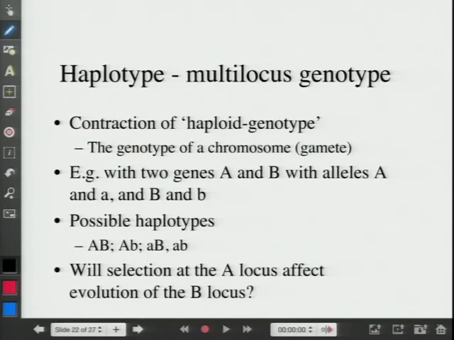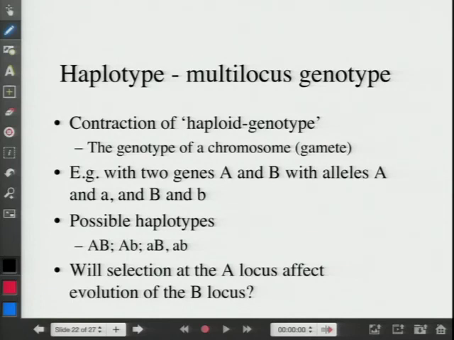Right? So if you have two genes, an A gene and a B gene, A has big A and little a alleles, and B has big B and little b alleles. The possible haplotypes are big A big B, big A little b, little a big B, little a little b.